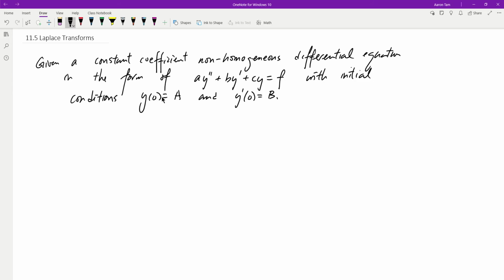So in this case, we can use an alternate method to solve this equation. Instead of using undetermined coefficients or variation of parameters, we can use this Laplace transform method to solve this equation.